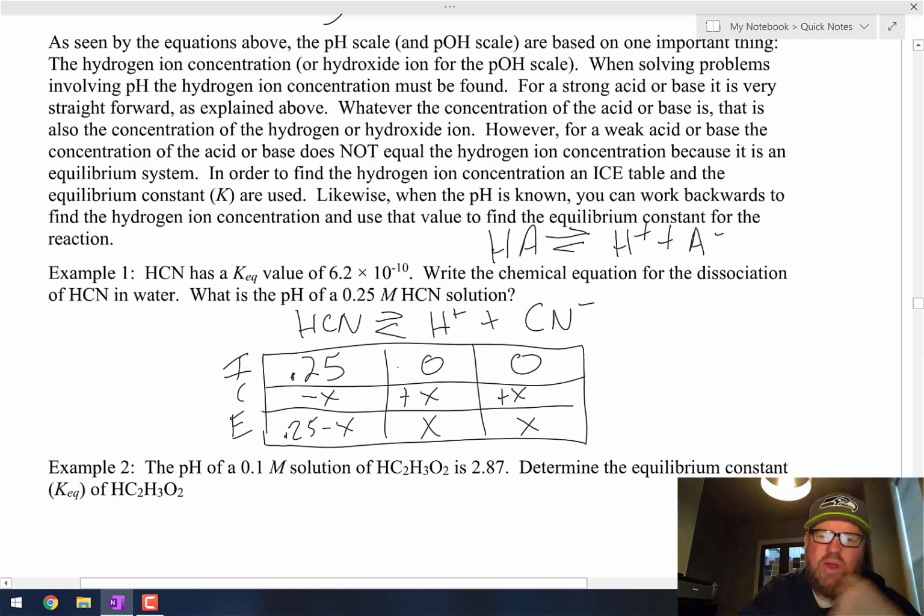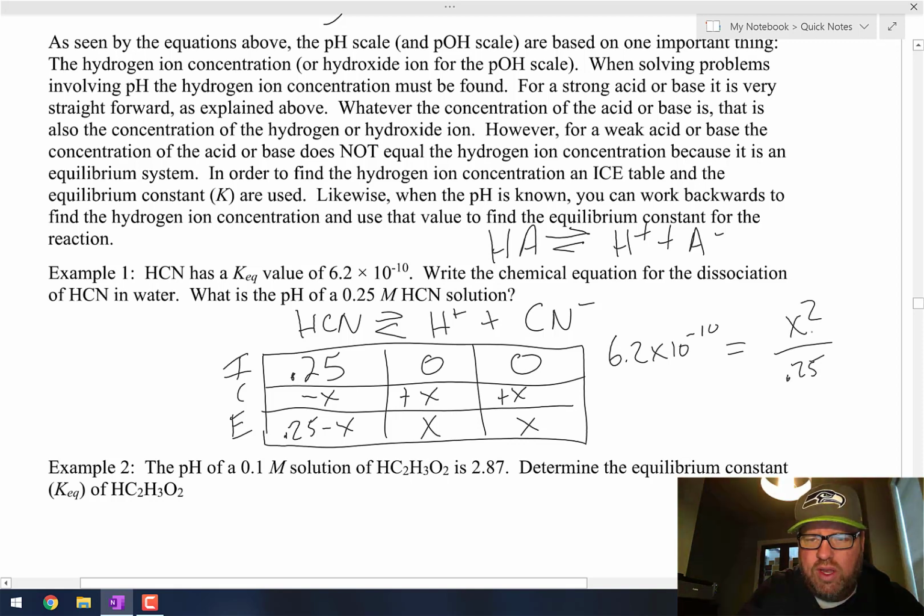Again, we can make the assumption that x is going to be a really, really small number, which it is. So we can say 6.2 times 10 to the minus 10th is going to equal x squared over 0.25. Again, I made that assumption that 0.25 minus x is roughly equal to just 0.25 and replaced that in there.